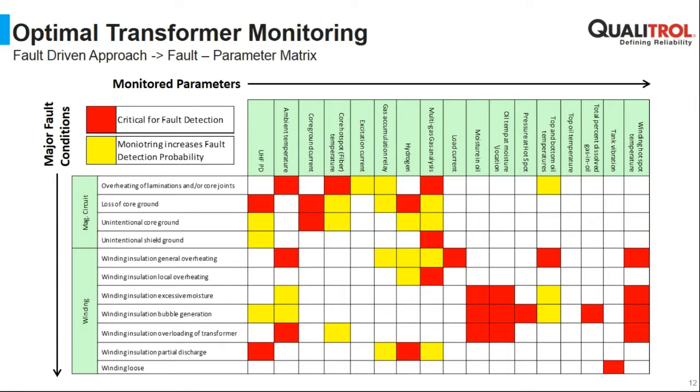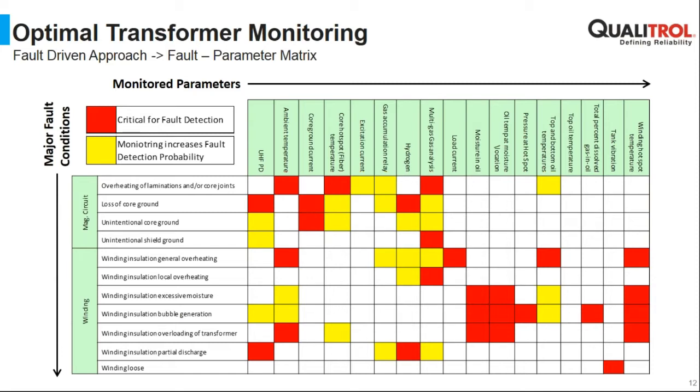And once you have sparking, looking at least for hydrogen also gives an idea already. Putting these three parameters together, and that's why they are marked red here in that matrix, these are the key parameters in order to detect this type of defect.